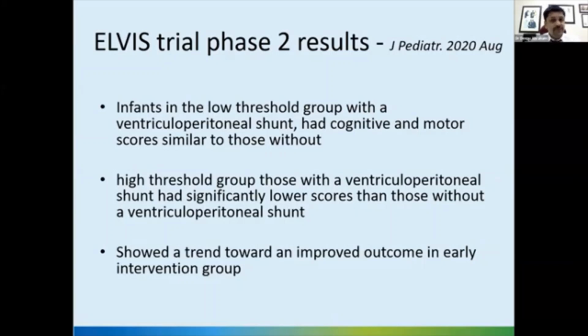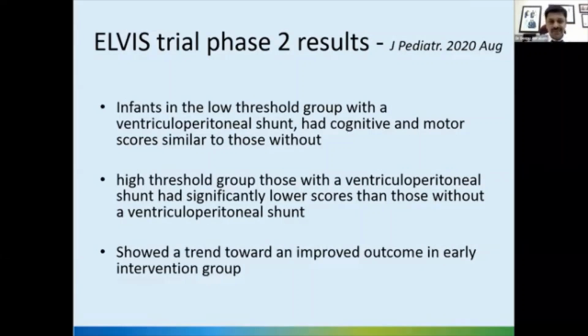That was mainly because the study was powered for the primary outcome of ventriculoperitoneal shunt and not meant for the secondary outcome. So if it was a bigger study, it would very likely have shown significance. But again, as with any other studies, we will have to wait for studies with bigger numbers to get conclusive evidence.